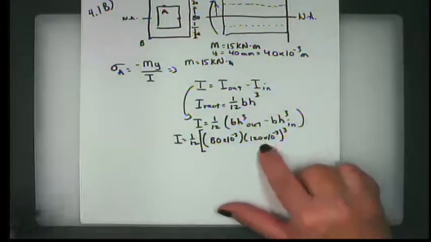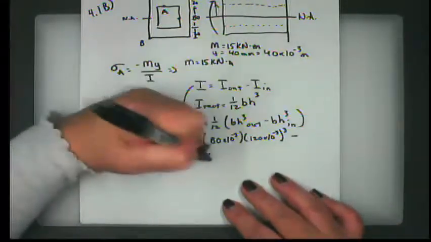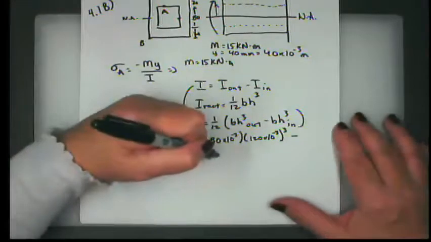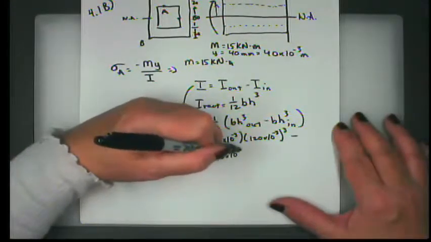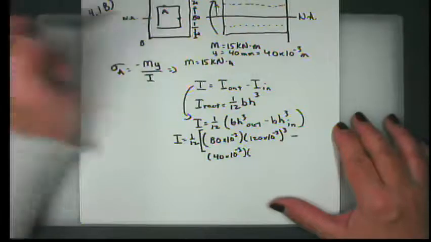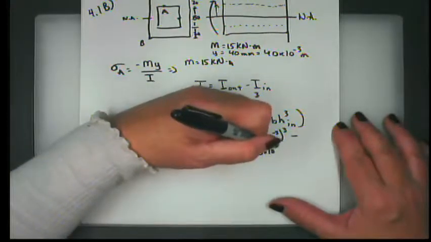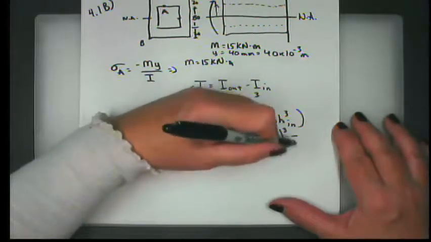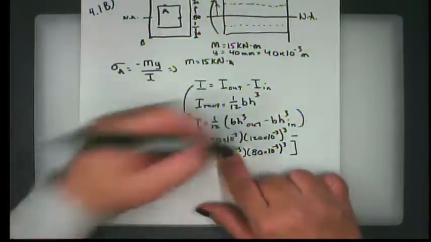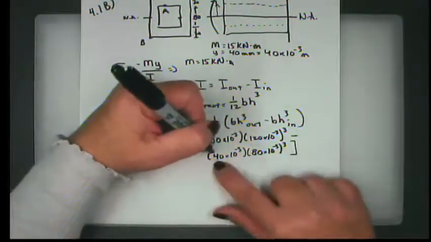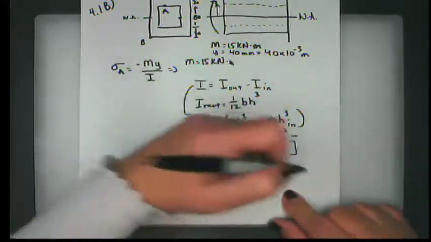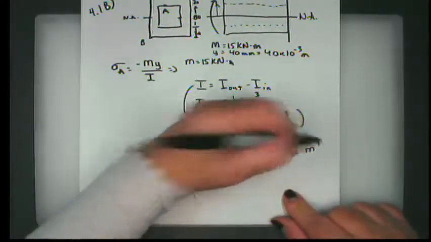That height is raised to the third power. And I subtract from that the inside base, which is 40 times 10 to the minus third, times the height of the inside rectangle, which is 80 times 10 to the minus third, and that raised to the third power. And this is going to be meters times meters to the third, minus meters times meters to the third. So that answer will be meters to the fourth, won't it?